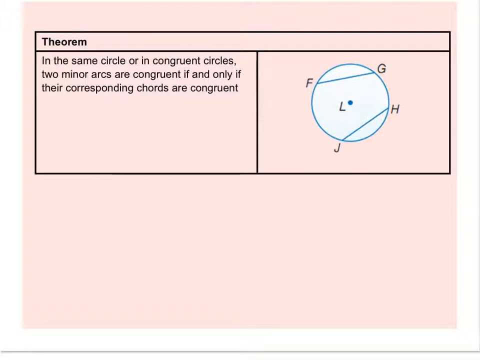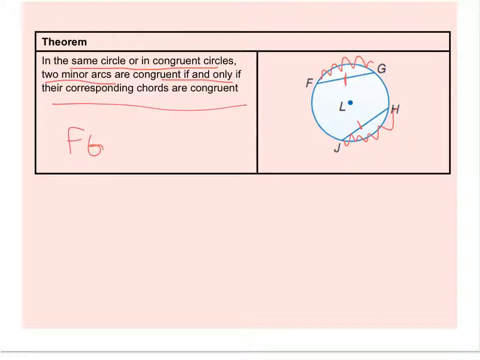In the same circle or congruent circles, two minor arcs are congruent if and only if their corresponding chords are congruent. Basically, if this chord is congruent to this chord, then this arc is congruent to this arc.